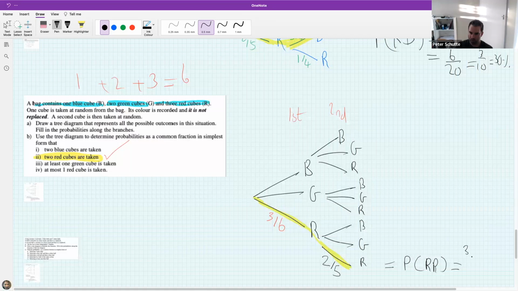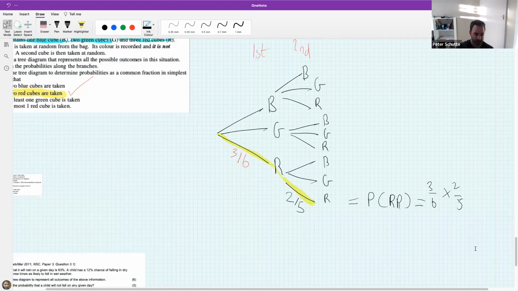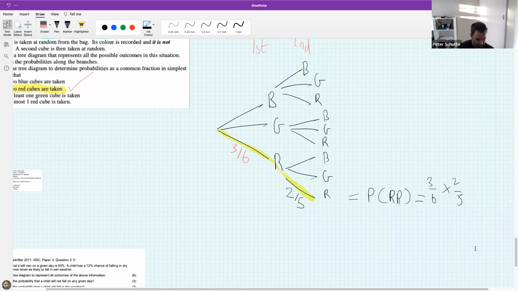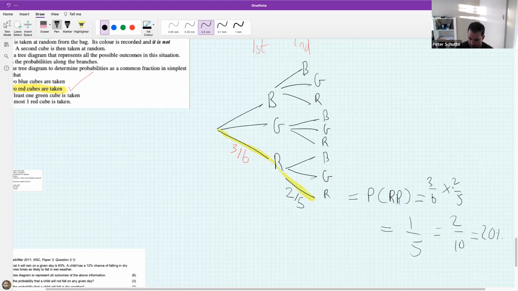Well, I see 3 over 6 times 2 over 5. And I'm going to get my handy friend, the calculator. And I get 1 in 5, or you could even say 2 in 10, or you could say a 20% chance. So there's a 20% chance of getting all red.